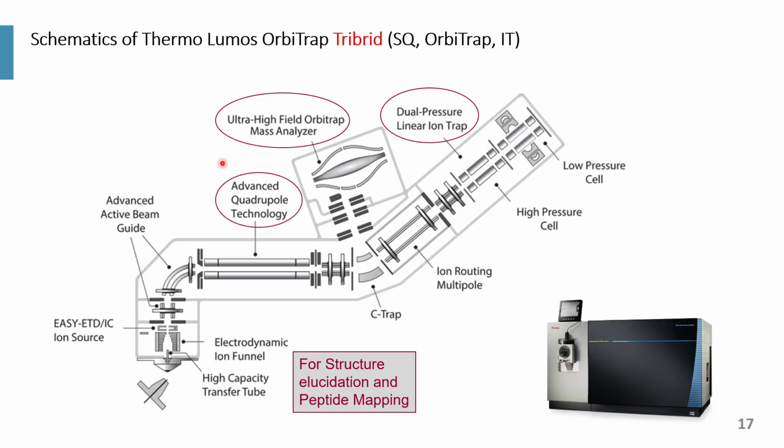This is the Lumos, and it consists of three different mass analyzers, starting from a quadrupole, in the middle an Orbitrap for very high resolution, and at the end an ion trap. This is a dual pressure linear ion trap, great for structure elucidation and peptide mapping.